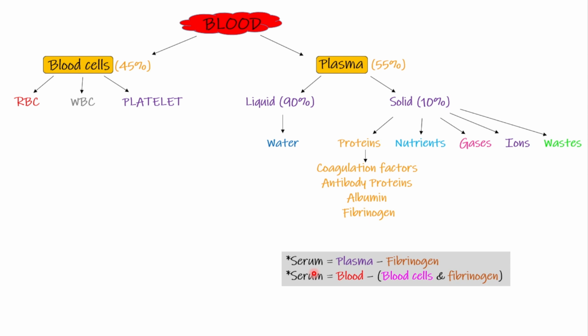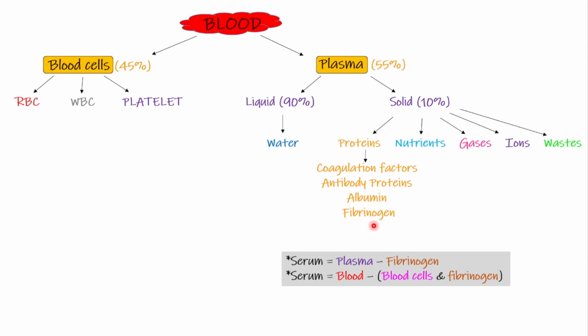So what is its significance? Whenever the blood clots, say you have an injury and the blood clots, the clot involves the blood cells, and along with the blood cells, fibrinogen is also trapped or used in the blood clot.